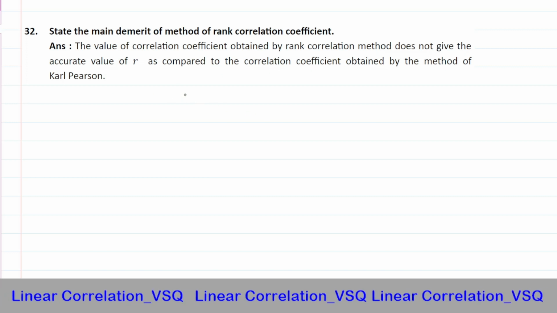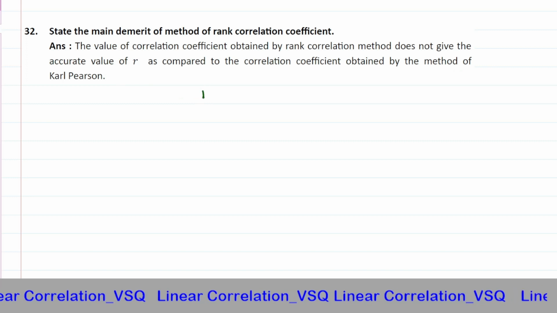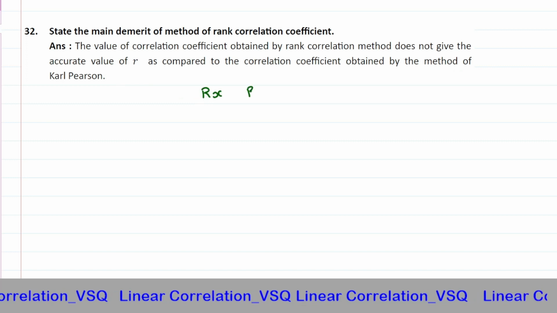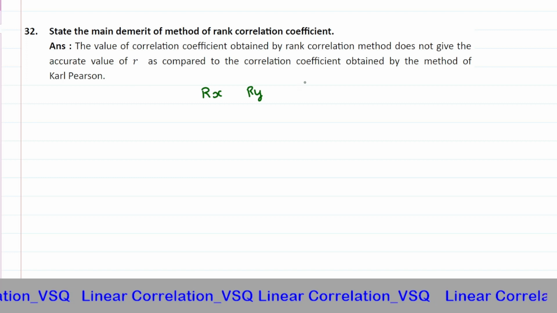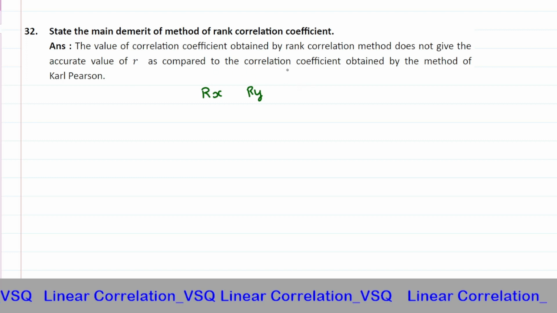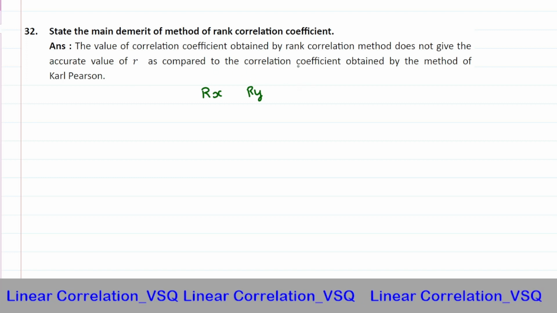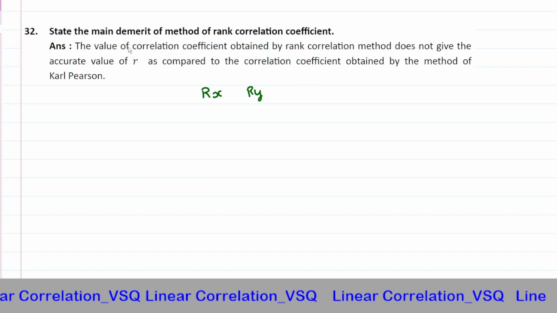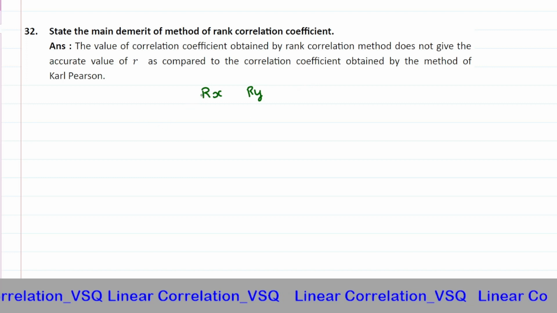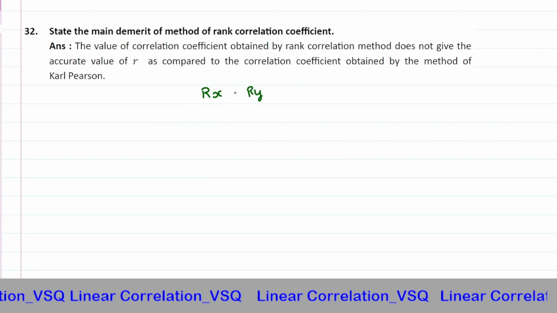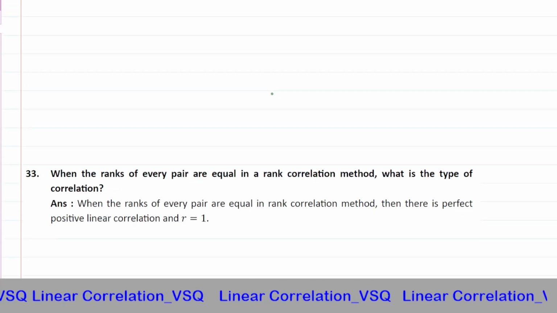Okay, because in Spearman's method we are using ranks only, Rx and Ry. We are not using original data, and in Carl Pearson's method we are using original data. So in this situation, Carl Pearson's method is called better than Spearman's method.